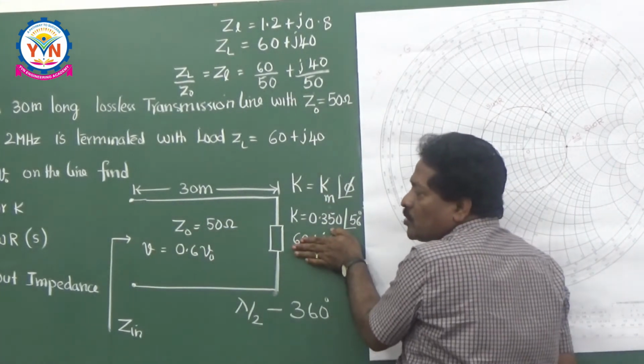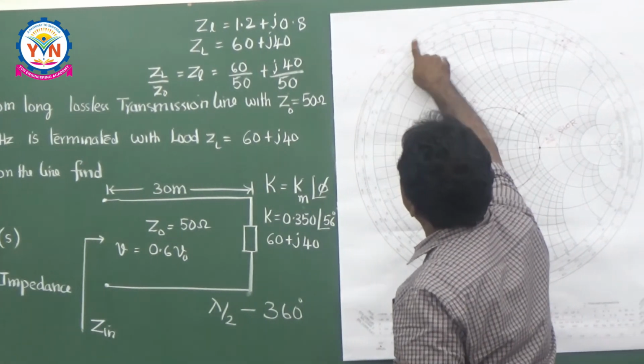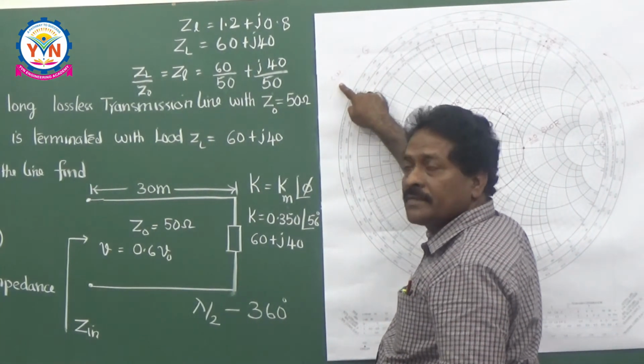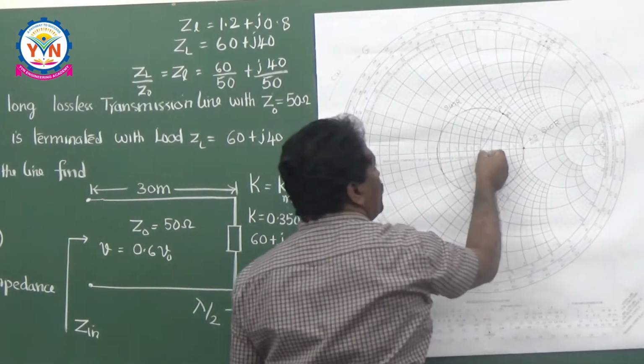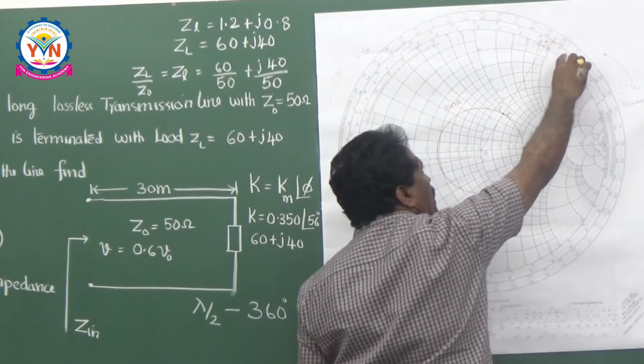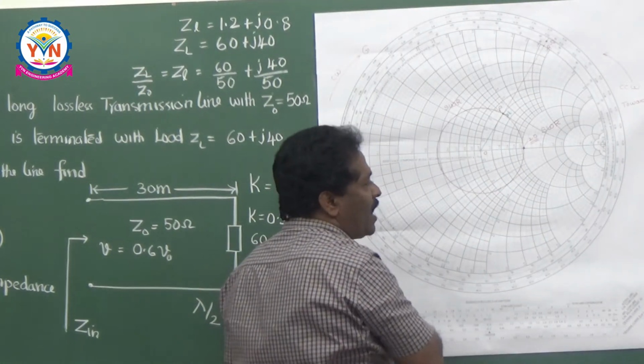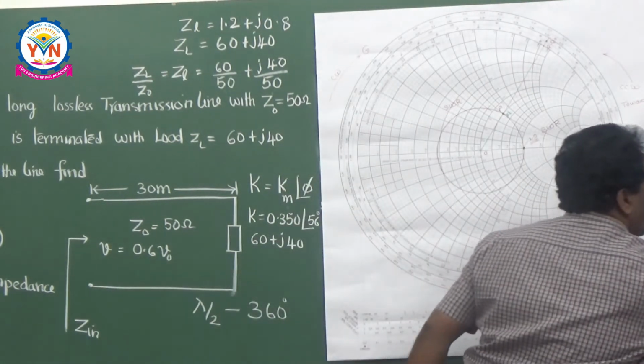That means you have to move towards the generator. Here in our chart, moving towards the generator means clockwise. Clockwise you have to move. So this is our point. From this point I have to move in the clockwise direction. How many degrees do I have to move? I have to move around 240 degrees.